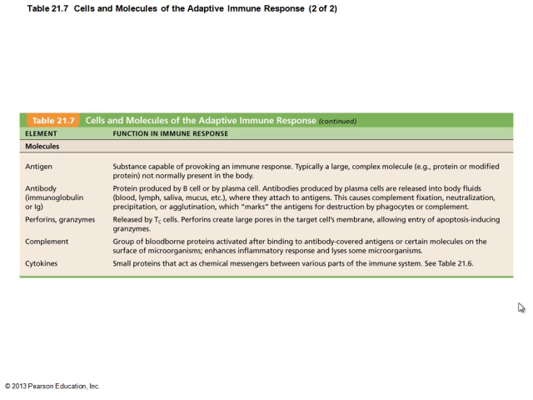Innate, some of these guys were also categorized there as well. Complement and cytokines can be very specific when they are activated in the adaptive end. But they can also be part of the innate defenses as well. So we see them here listed on page 792, and we see their function in an immune response. So have a general understanding of that as well.